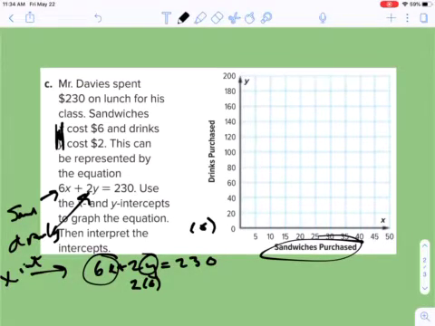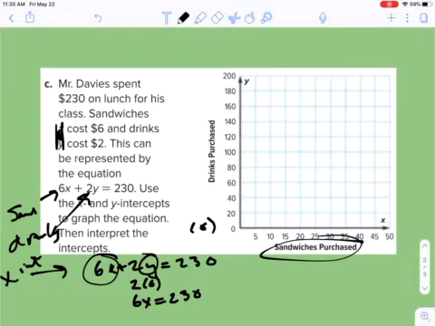So if he does that, he'll get an equation that is 6x equals 230, because he decided he's not buying drinks, which means they're 0. So if he divides 230 by 6, that's going to give him, well, 230 divided by 6 doesn't give you a nice even number, because 240 would give you 40 sandwiches.